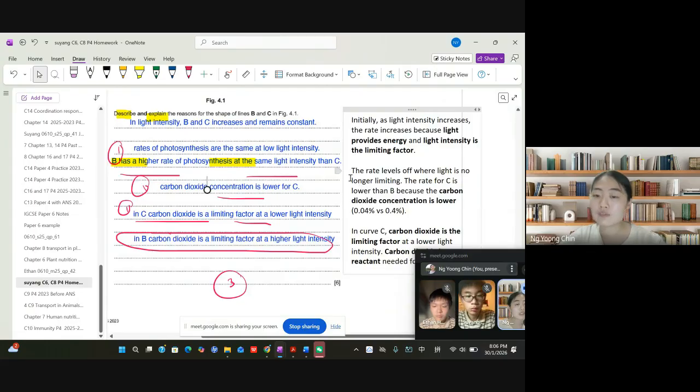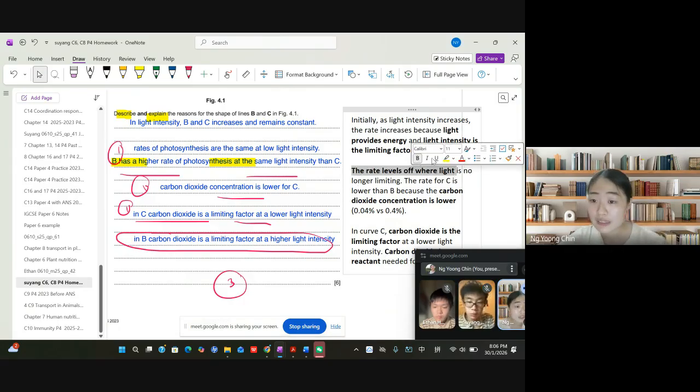But you can refer to the answer: the level where the light intensity is no longer a limiting factor. See, in the first sentence they describe the trend, but later they explain why, because the light intensity is no longer a limiting factor.